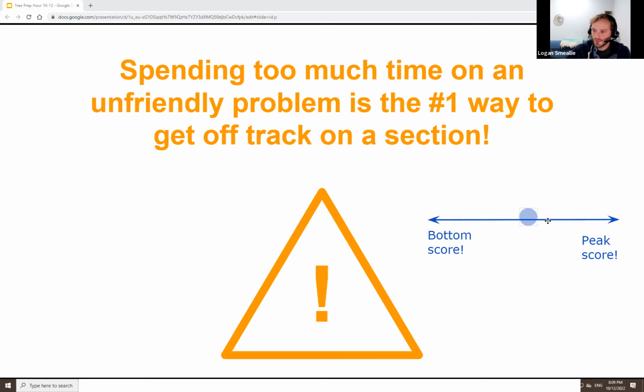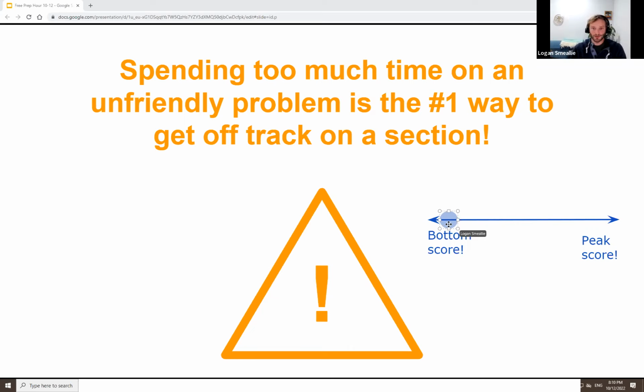I think one of the most common things that causes students to wind up closer to the bottom of their score range is if they really screw up their timing early on in their sections, and then accidentally rush through the rest of the section and have it go off the rails, so to speak. Or go off track.